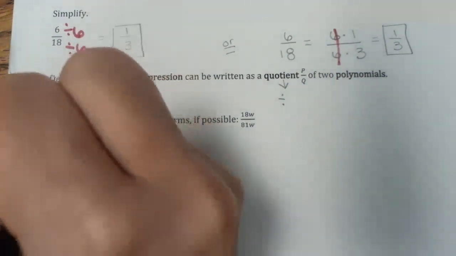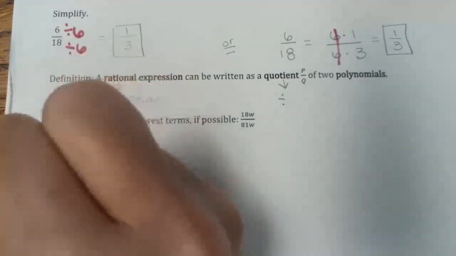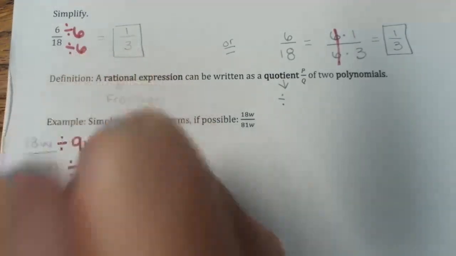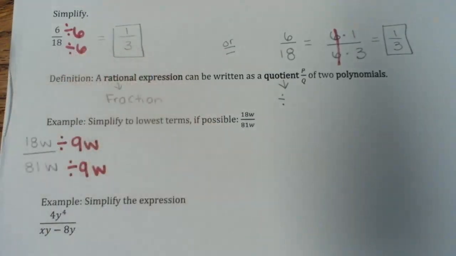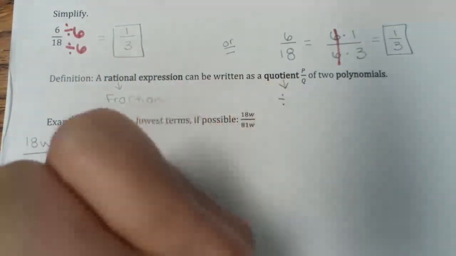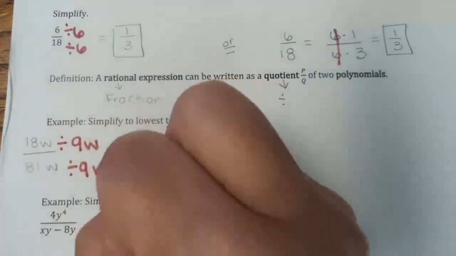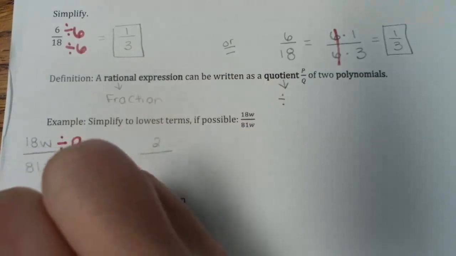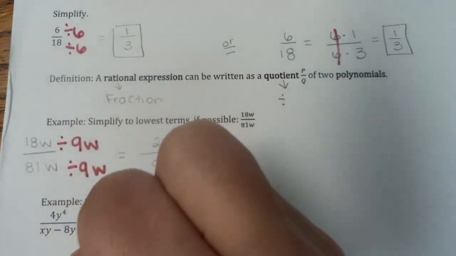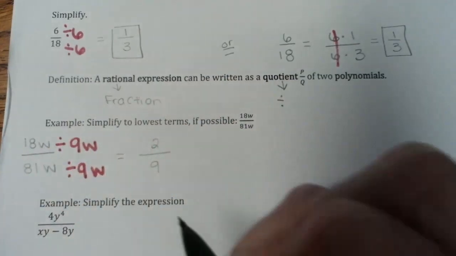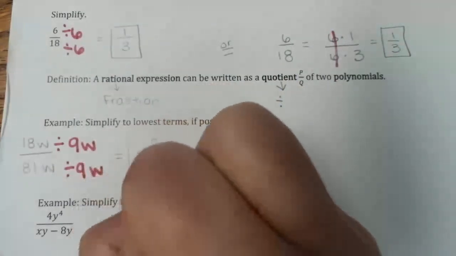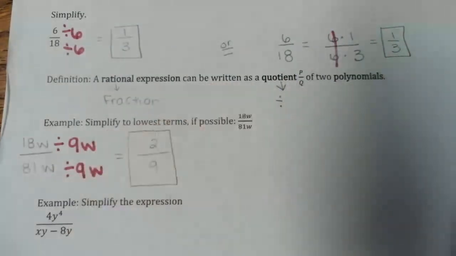So it's kind of like our GCF. We can factor or divide out our GCF of 9W from the top and from the bottom. That would give us 18W divided by 9W, which would give us 2, all over 81W divided by 9W, which would give you 9. So 2 over 9. Nothing that 2 and 9 have in common, so I cannot simplify it further.